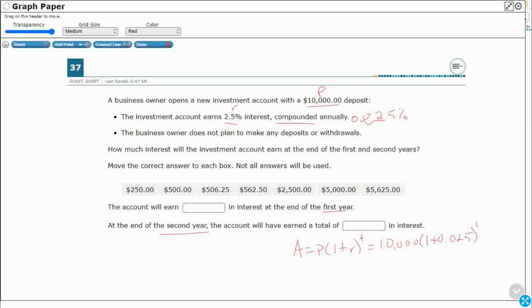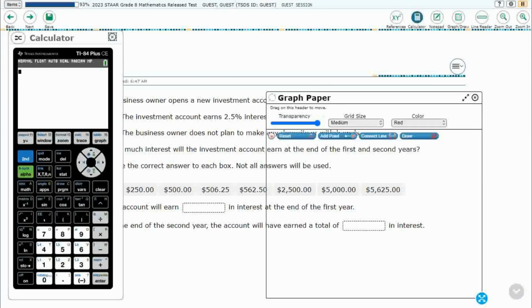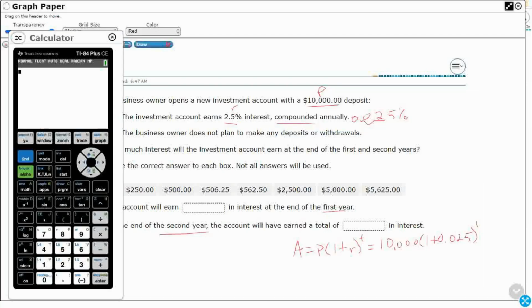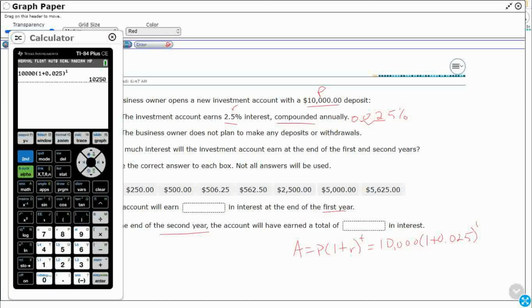All right, so let's open up our calculator. There we go. So I've got 10,000, and then I'm going to do 1 plus 0.025. Now I'm going to take that to the first power, which isn't going to do anything, but I might as well just put it in there. All right, so you see I've got 10,250.